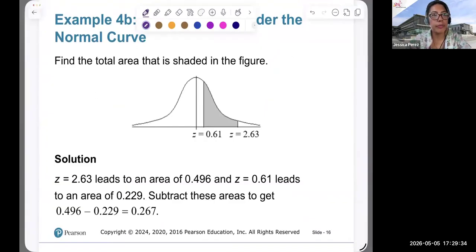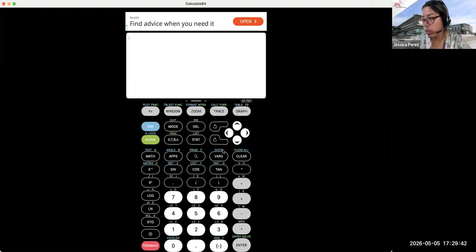If this is a normal distribution, I'm going to use my calculator to help me find it. Let's try that. I'm going to use the TI-84, and I want to find the area in between two different z-scores. So I'm going to go to second vars, and I want normal CDF. The lower bound is 0.61, which is the z-score.